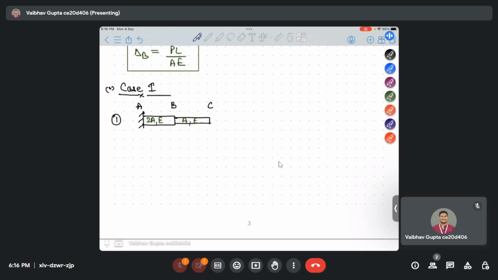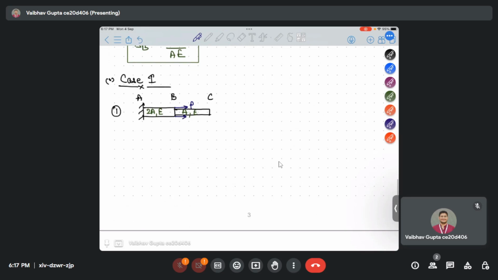Now at point B a force has been applied here. For betterment I'll put the force here, P.